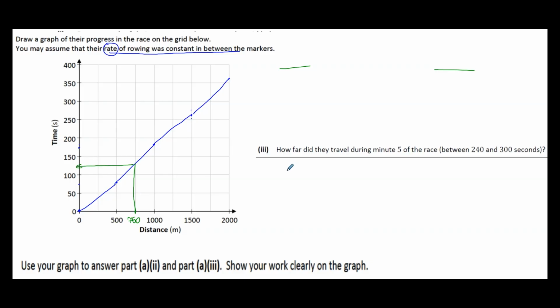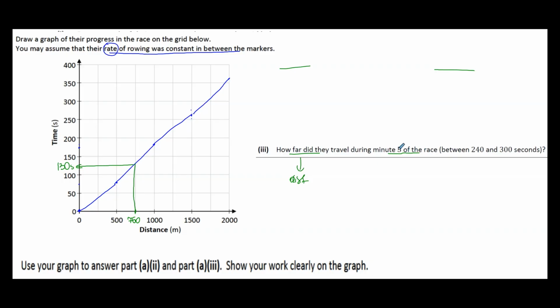The value we should be reading here is about 130 seconds, because it's a little bit more than half of that. Then the next part: how far? So now we are looking for distance, so our answer will be on this axis. They give us the time. How far did they travel during minute 5 of the race?